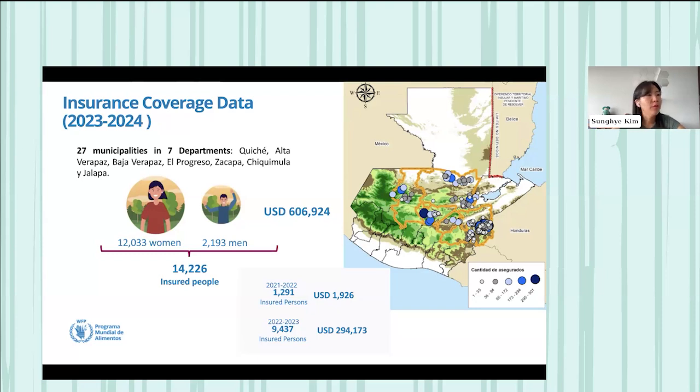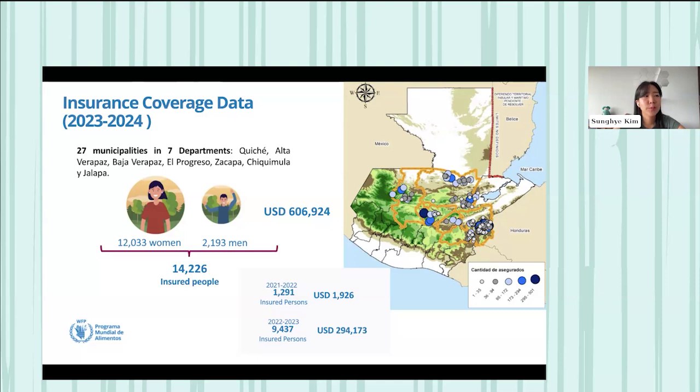So moving forward, we aim to expand our coverage not only through self-financing and financing from partners, but also through the contributions of subscribers towards insurance costs.